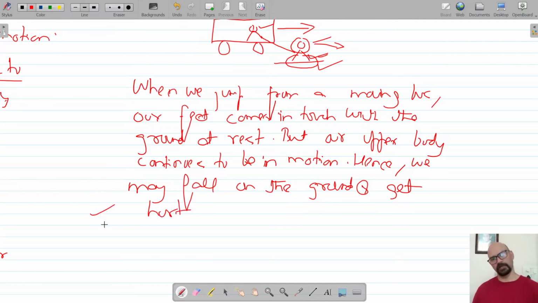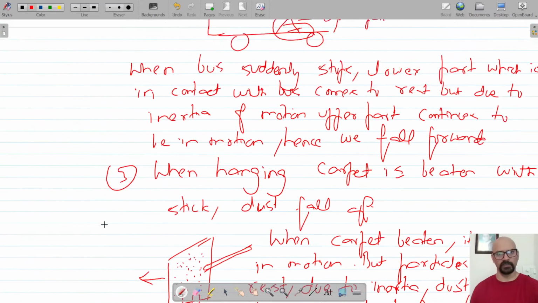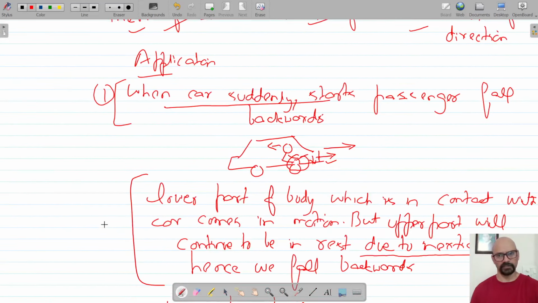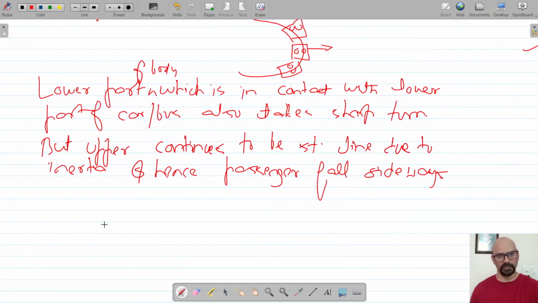Okay, so these are some of the applications or the reasons where we can cite examples for the different types of inertia. So by this time, we are clear about what inertia is and how it plays an important role in our day-to-day life in some of the applications. Okay, now which objects will have more inertia, the heavy one or the light one?